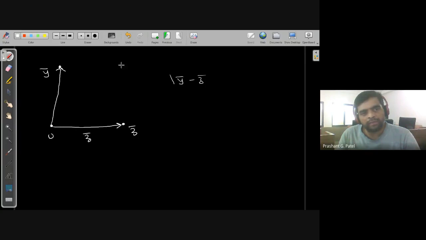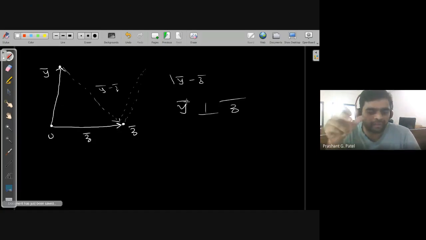To calculate y bar minus z bar, you copy y bar in the reverse direction here. So y bar minus z bar is this vector. Using the Pythagoras theorem, you can see that any two vectors, y bar and z bar, are orthogonal. Orthogonal means they make a 90-degree angle between them, which we'll also discuss later on in detail.